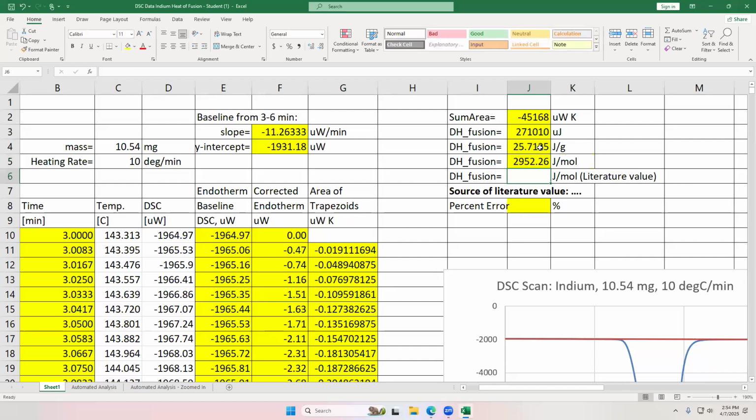So that is your delta H fusion in joules per mole. It's the actual delta H fusion for the sample divided by the mass of the sample, which gives microjoules per milligram. To convert that to joules per gram, you just divide by 1,000.